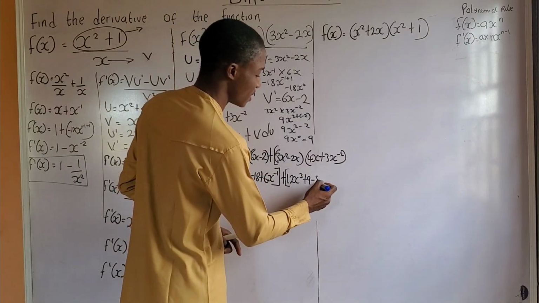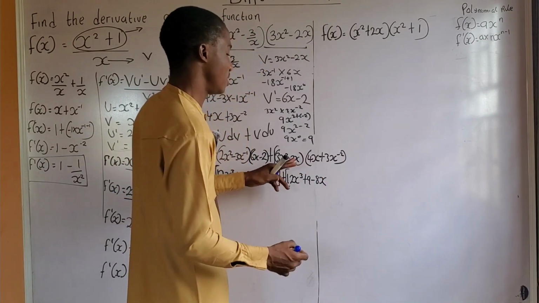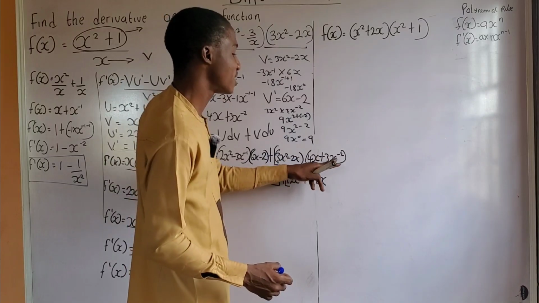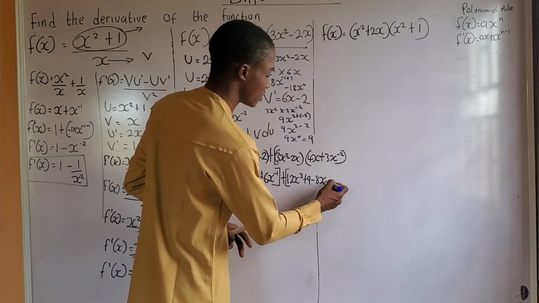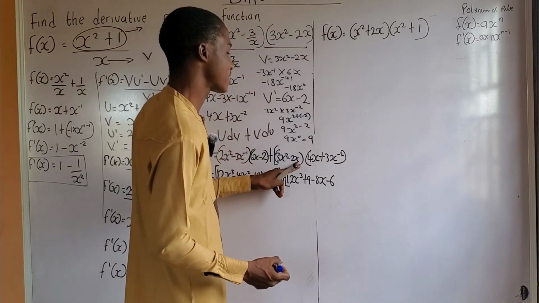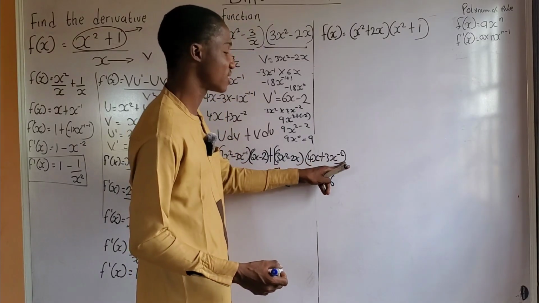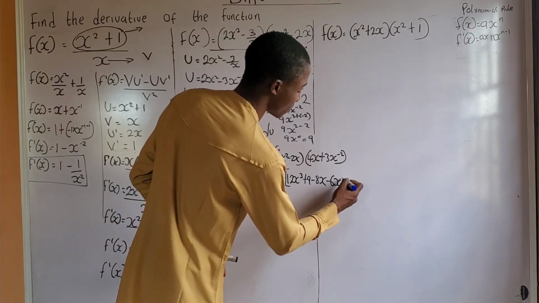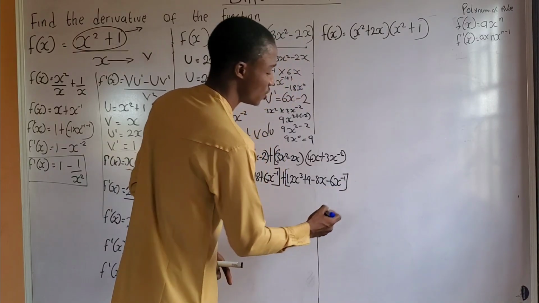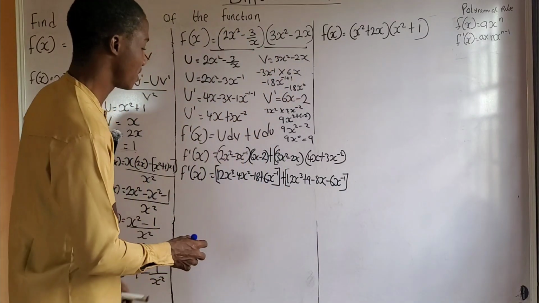Now, negative 2x times 4x, that is negative 8x squared. Negative 2x times plus 3x to the power of negative 2. Negative 2 times plus 3, that is minus 6, right? x times x raised to the power of negative 2 is x raised to the power of negative 1. I'm going to have minus 6x raised to the power of negative 1. Do you understand? Okay.